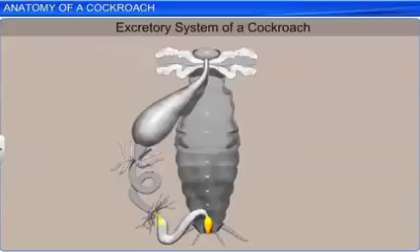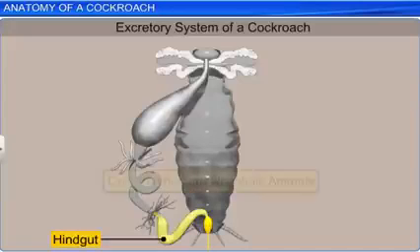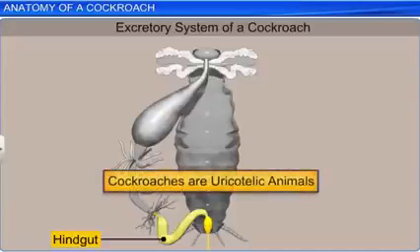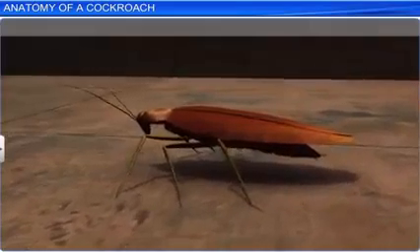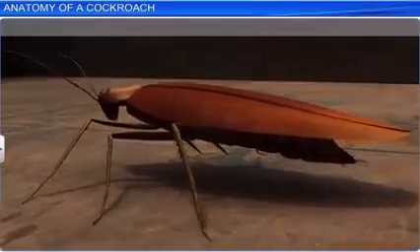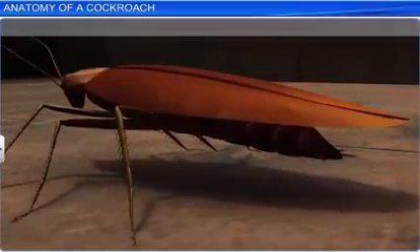This uric acid is then excreted through the hindgut. As cockroaches excrete uric acid, they are known as uricotelic animals. Apart from Malpighian tubules, the fat body, nephrocytes, and uricose glands also help in excretion.